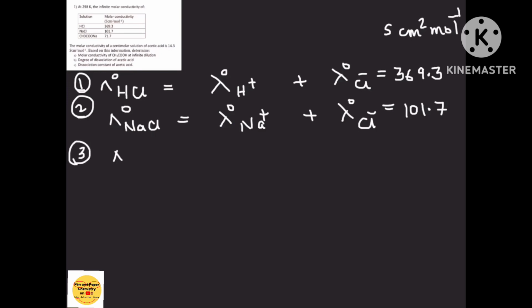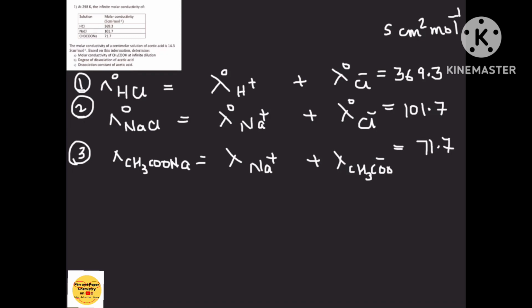Third, the molar conductivity of CH3COONa. This is the ionic conductivity of Na positive, and you can write sodium first, it doesn't make a difference, because we've been writing positive and then the negative, plus CH3COO negative, and the value of this is 71.7.